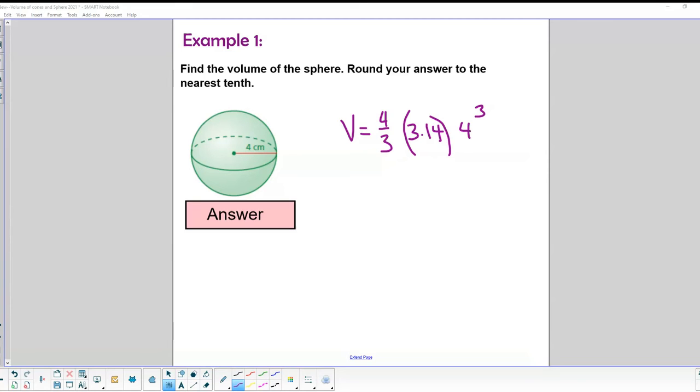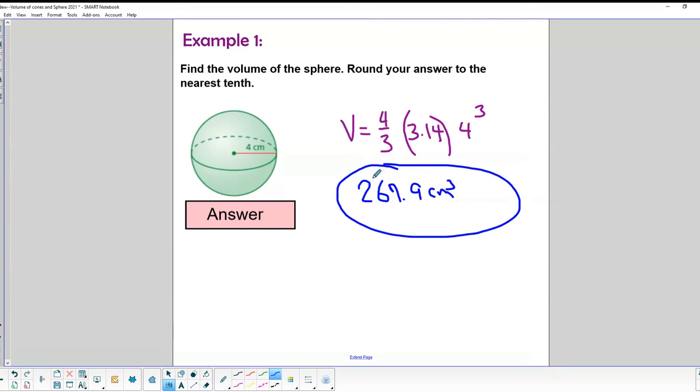And now to multiply it by 4/3, I'm going to times it by 4 and then divide it by 3. And there's my number. And then we want to round to the nearest tenth. So that's going to make this 267.9 centimeters cubed.